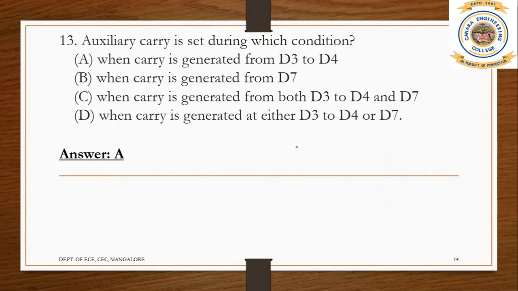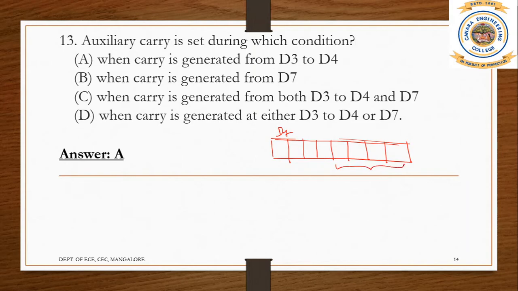because that is a carry from the lower nibble to the upper nibble. Consider this as an 8-bit register. This is D7, D6, D5, D4, D3, D2, D1 and D0.